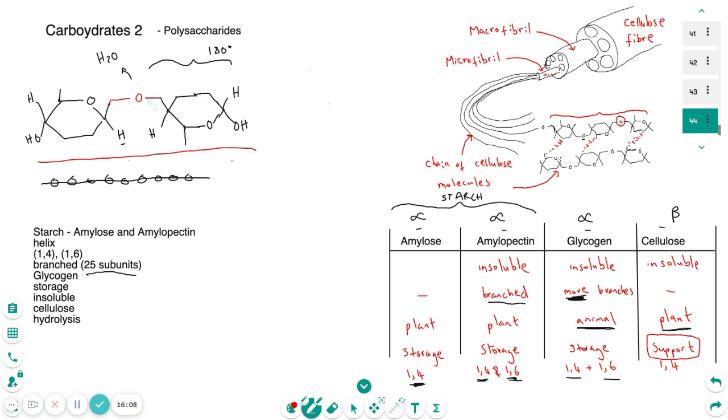So it should look something like that. And you know you've drawn it right because on the left-hand one, carbon 6 is up here. And on the second one, the carbon 6 should be going down. And if you want to draw another one, the carbon 6 should be pointing back up again and then pointing back down. That gives you an idea of if you've drawn it the right way around. All right.